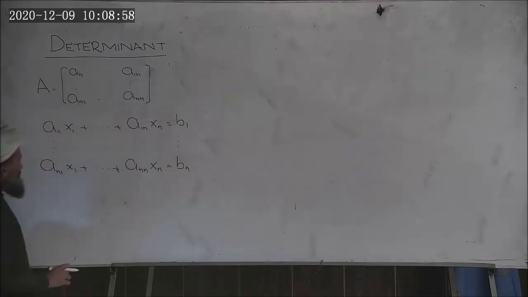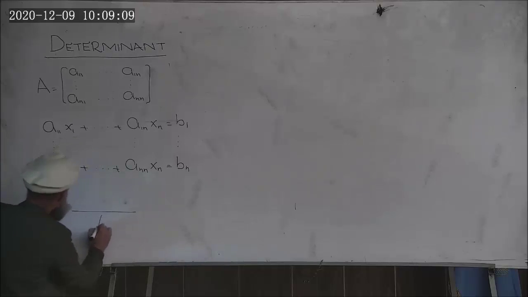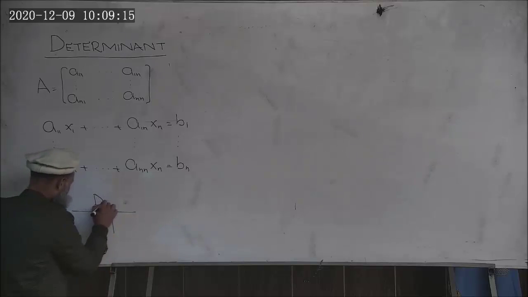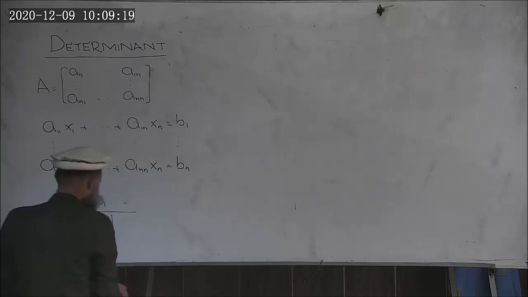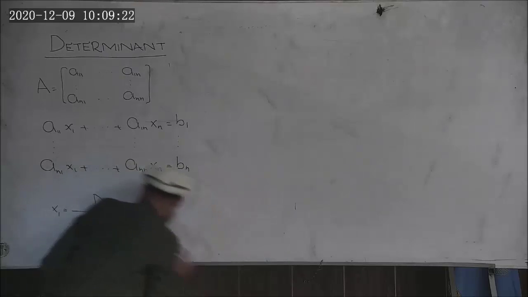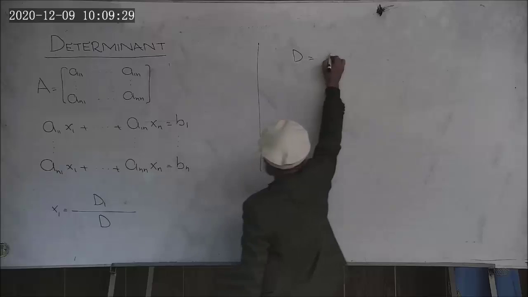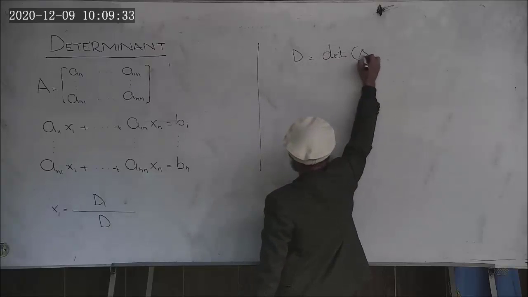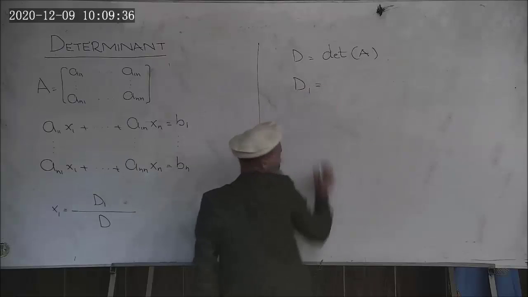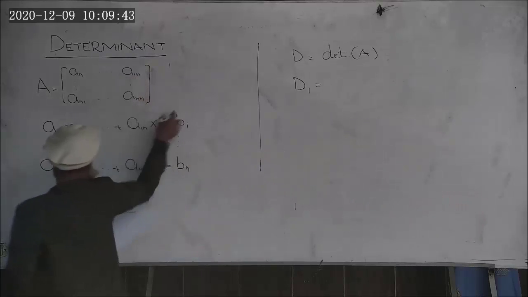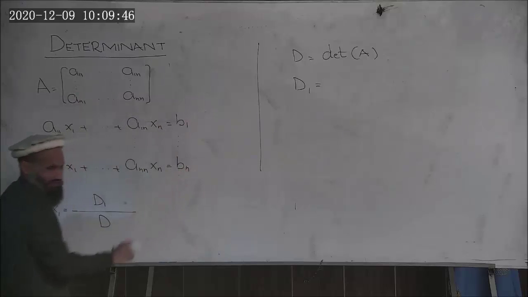You will have this matrix A. Then how do you get x1? x1 is obtained by this determinant A and then this determinant d1, so let me use the same notation, d1 divided by d, where d is the determinant of matrix A, and d1 is the determinant of this matrix with the first column replaced by the right hand side.